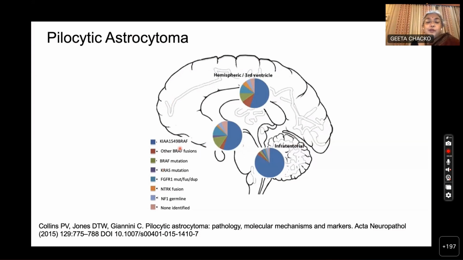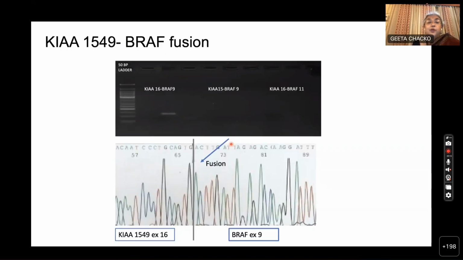So, talking of molecular alterations, since they are of great importance, like Dr. Vani told you all in the previous session about how much we have moved towards molecular, it's important to know that in pilocytic astrocytomas, the most frequent alteration is the KIAA1549-BRAF fusion, and that occurs mainly in the posterior fossa tumors. It also occurs in pilocytic astrocytomas at other locations as the most frequent alteration.